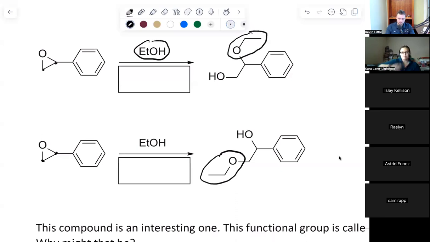So if I think about what had to have happened, this ethanol would have had to add into this carbon here in order to get this product. That is the more substituted carbon. So I need an acid. The acid helps add to the more substituted carbon.